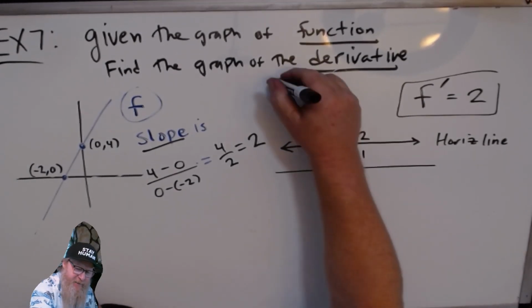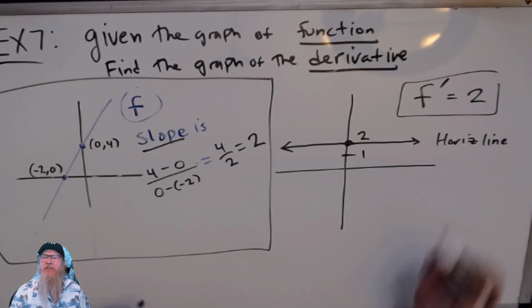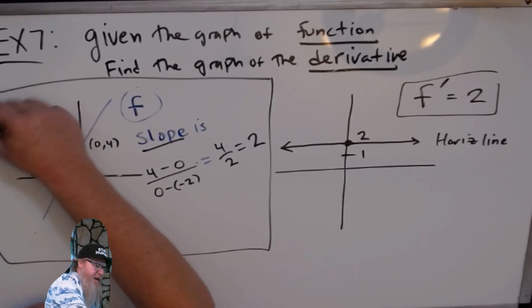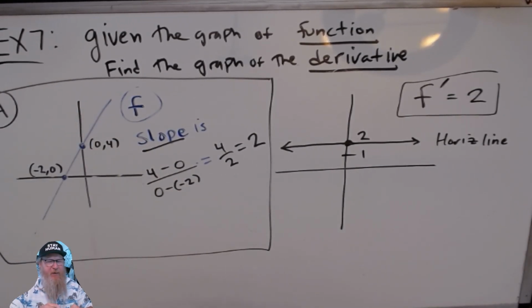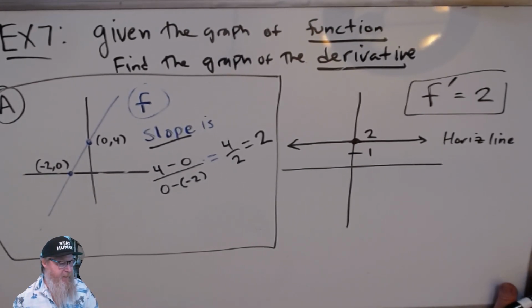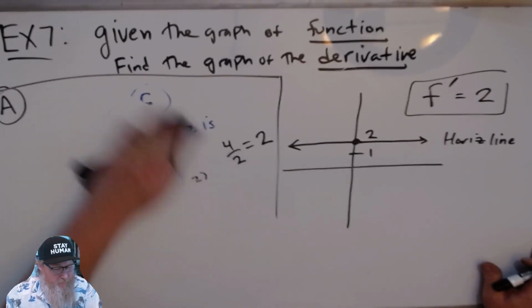So if this is the function, then this is its derivative. Let's call that, I guess, part A. I want to do another one of these. How about part B? What else? Let's just call it part B.